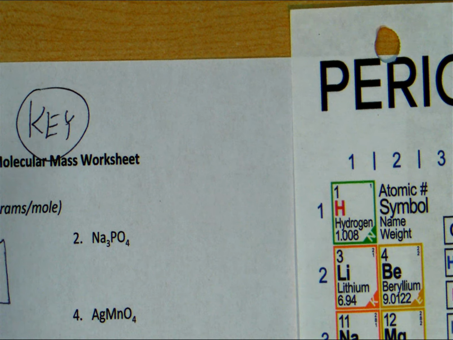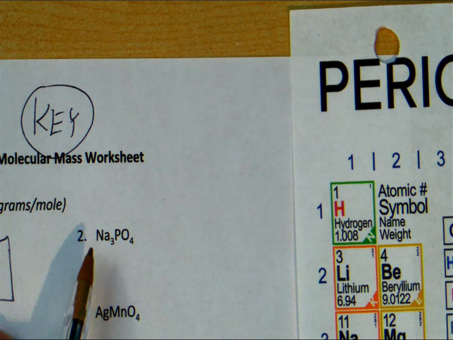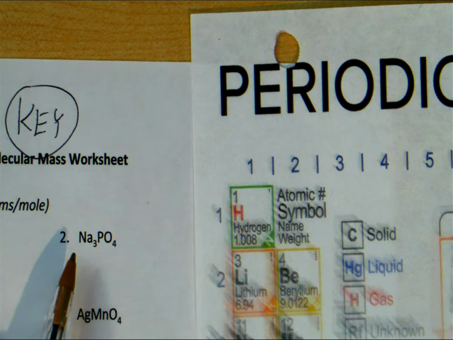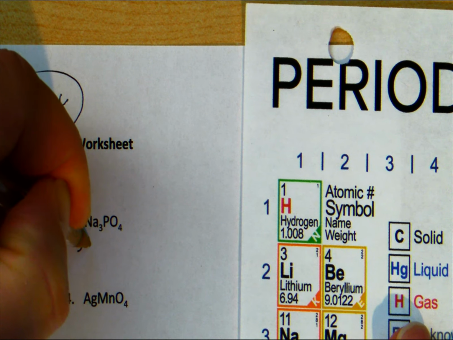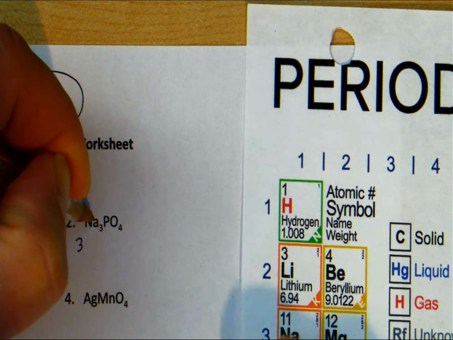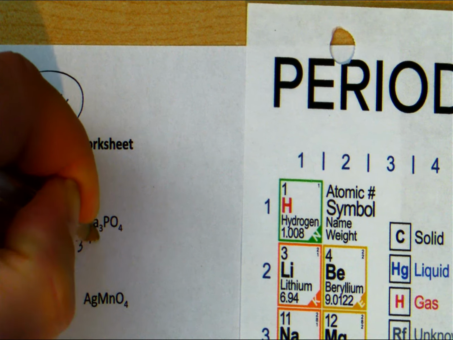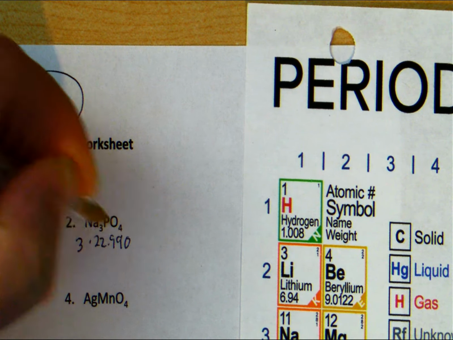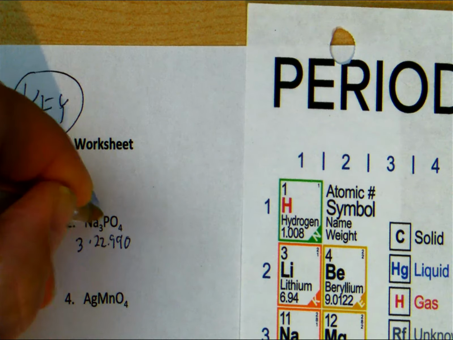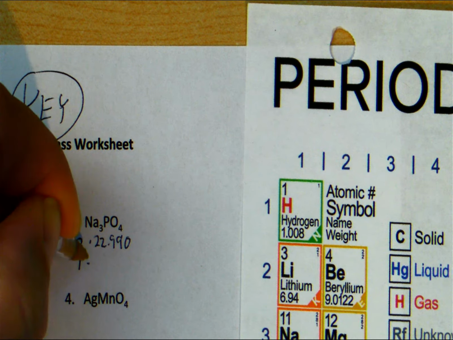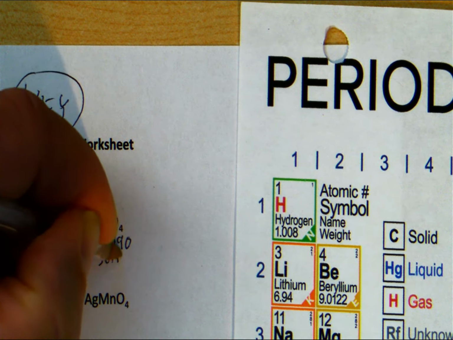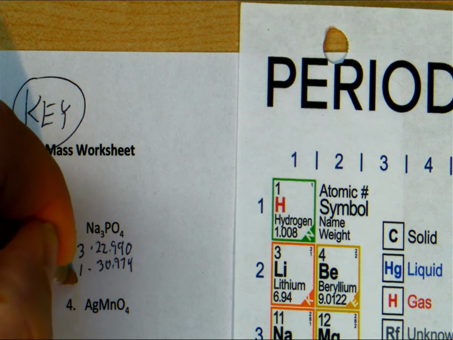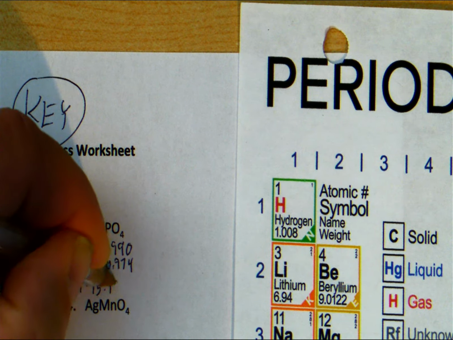Number 2, kind of interesting that there's no number 3. Oh, I see, there's 3. So number 2, and we just do this over and over again. So for the sodiums, I have 3 times each sodium, which is 22.990. I have 1 phosphorus, which is 30.974. I have 4 oxygens, which is 15.999.